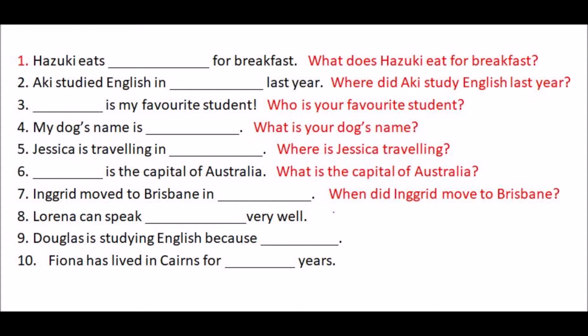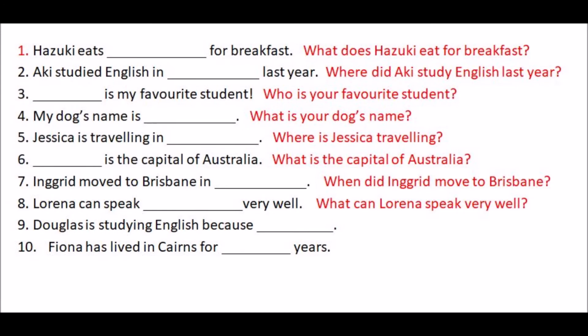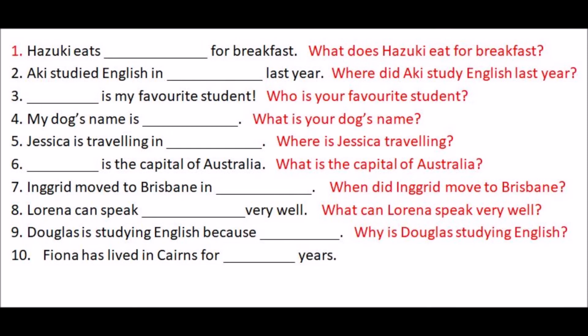Number 8, Lorena can speak very well. And the question is, what can Lorena speak very well? Number 9, Douglas is studying English because... And the question is, why is Douglas studying English?